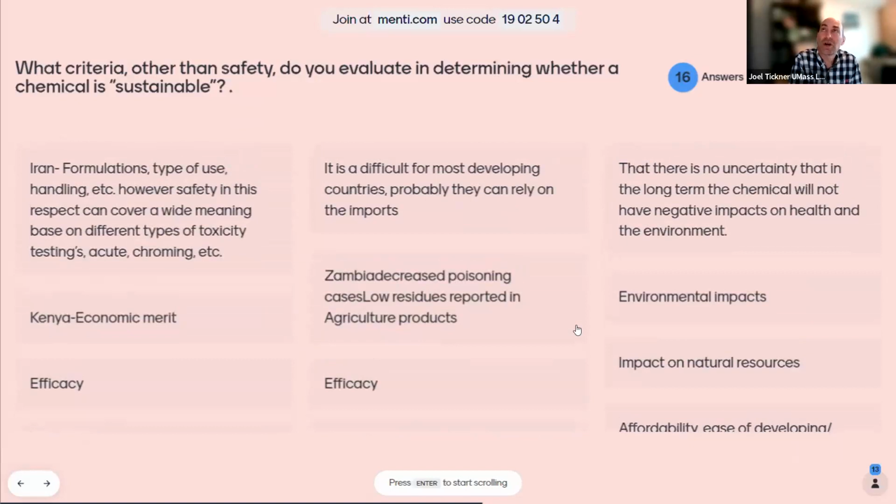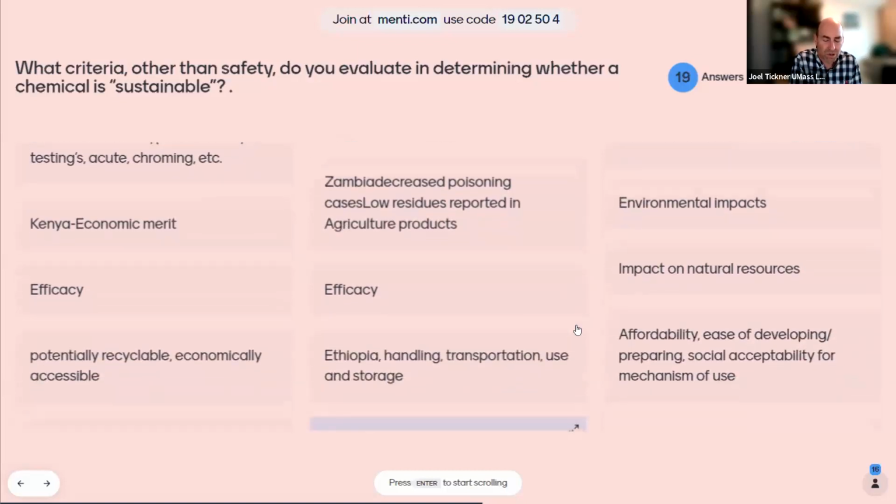So as a starting point, an alternative has to work, right? And it has to be cost effective, or else it's never going to be adopted, right? So that's pretty key.